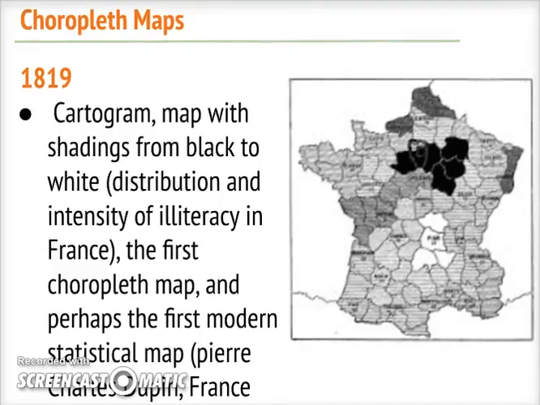1819. A very important map that we should know is the choropleth map. As you can see with the different shades, this cartogram is a map with shading from black to white. So black, gray, and then to white shows the distribution and intensity of illiteracy in France.